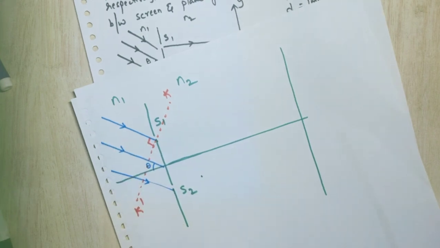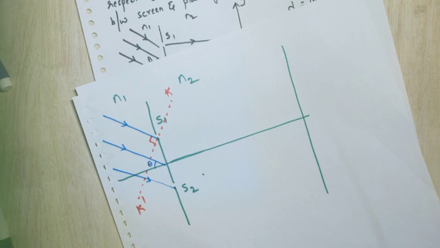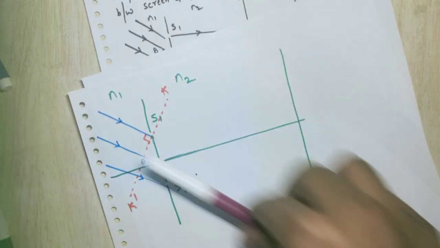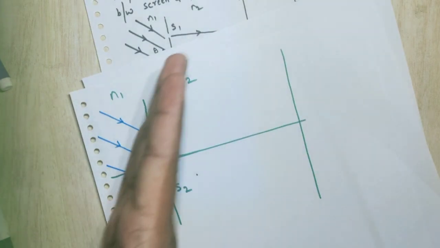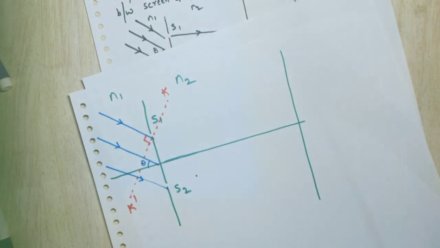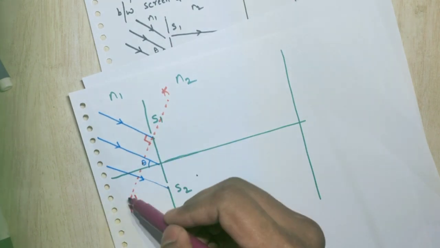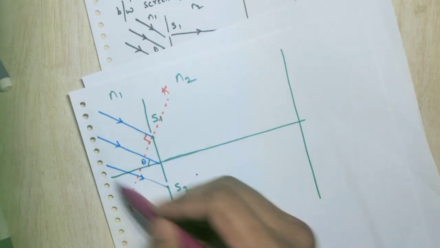So let us recall what a wave front is. A wave front is a surface which is perpendicular to the direction in which the light rays are moving. These light rays are moving in this direction, so this is perpendicular to the light rays, so you can say K dash is the wavefront of this light ray.